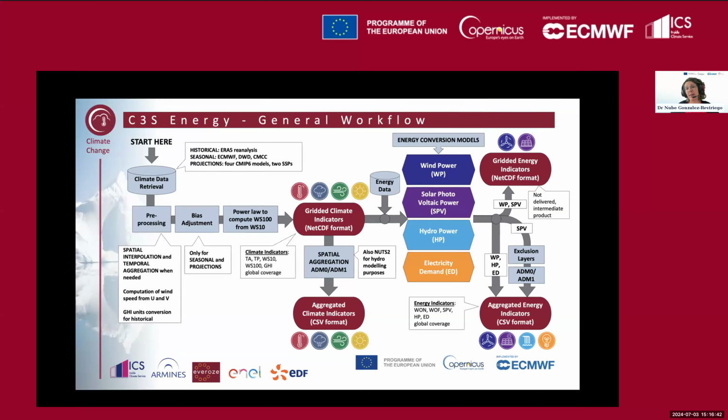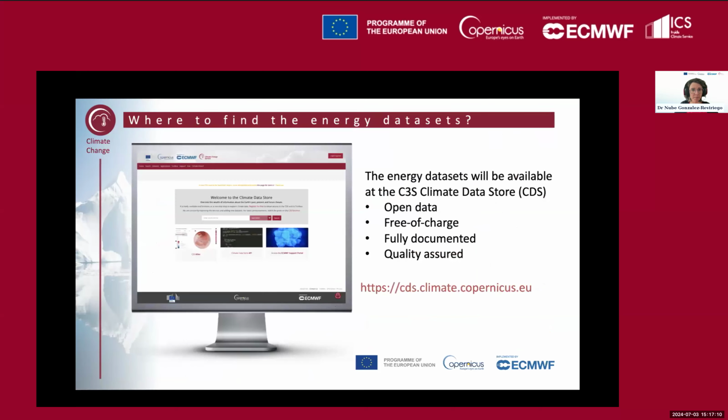Again, the gridded indicators are in NetCDF format, but then we aggregate and also apply some exclusion layer when needed. And then we obtain, this time in CSV format, the aggregated energy indicators. More details about the energy modeling and all the steps will be provided by the next speaker.